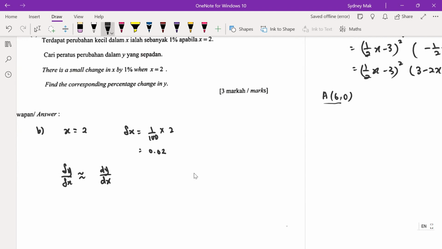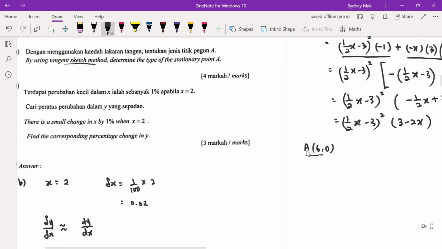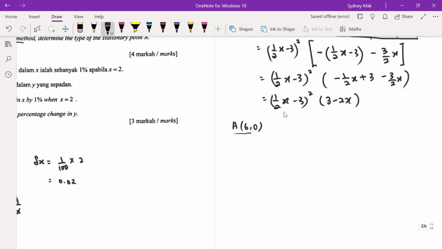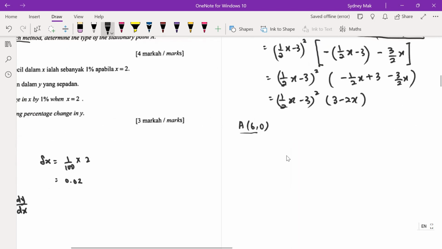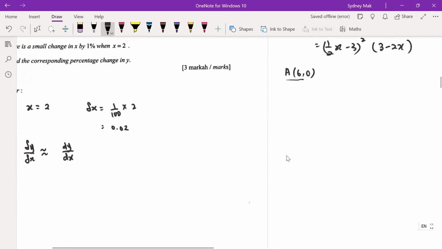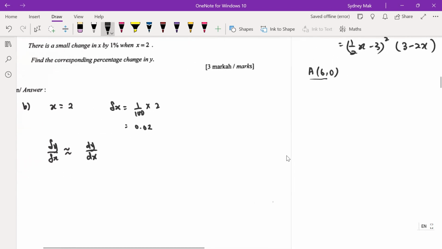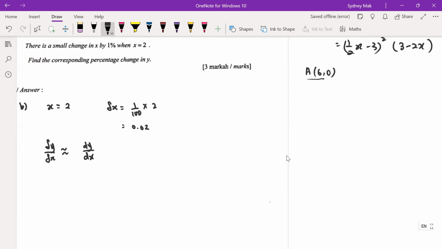And what is dy/dx? We have found the dy/dx here. That is (1/2 x minus 3) squared times (3 minus 2x). That is when x equals 2. So when x equals 2, our dy/dx is equivalent to (1/2 times 2 minus 3) squared, times (3 minus 2 times 2).